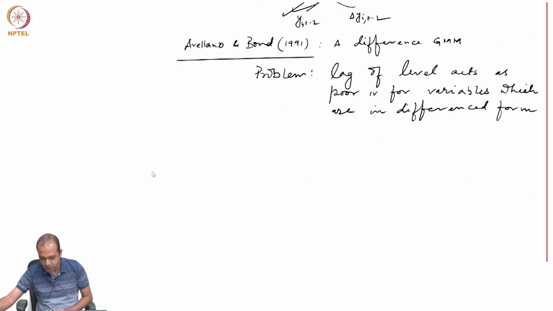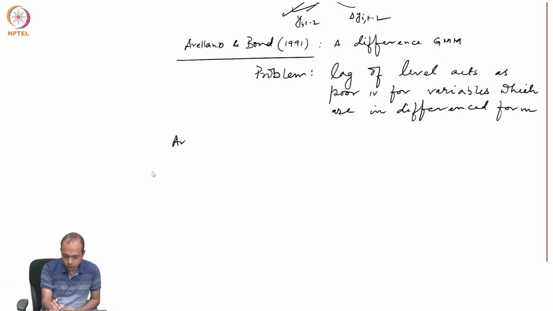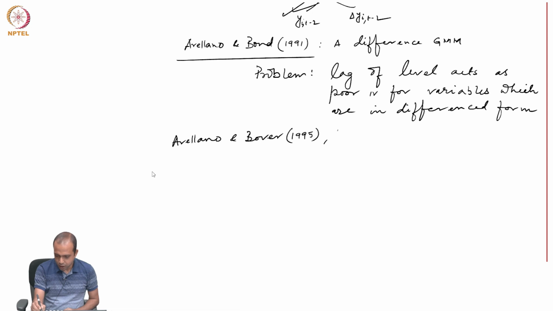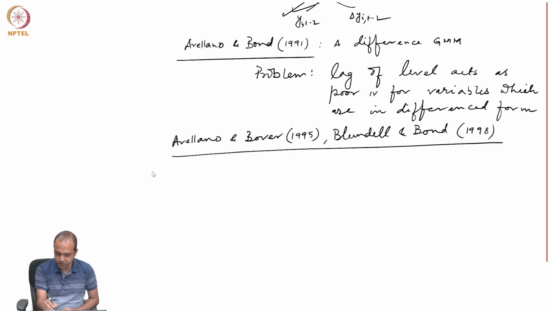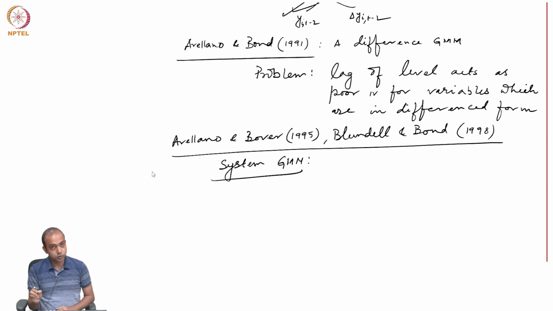So, to overcome this, Arellano and Bover 1995 and Blundell and Bond 1998, they suggested system GMM. So, what is system GMM?